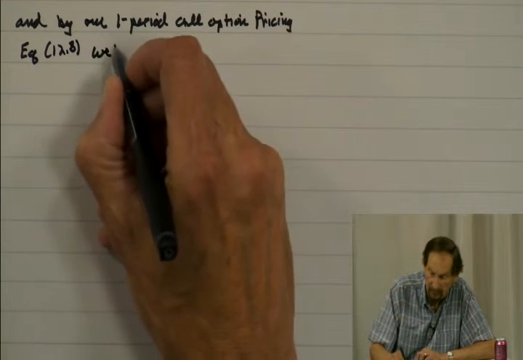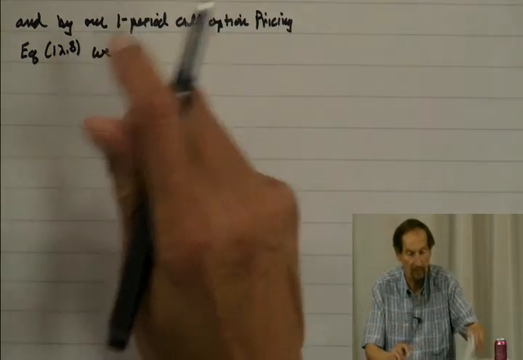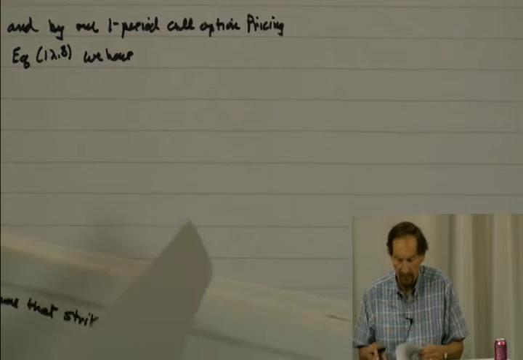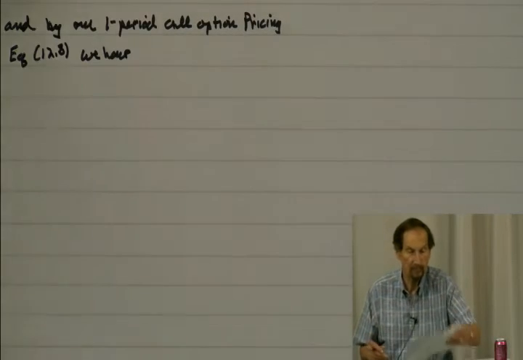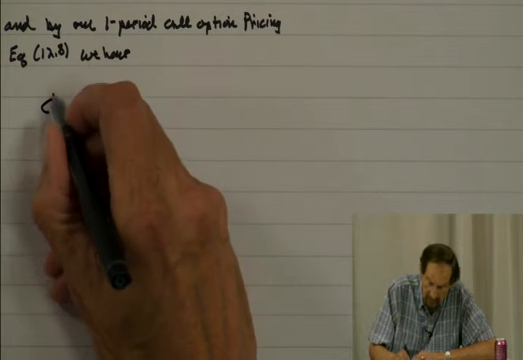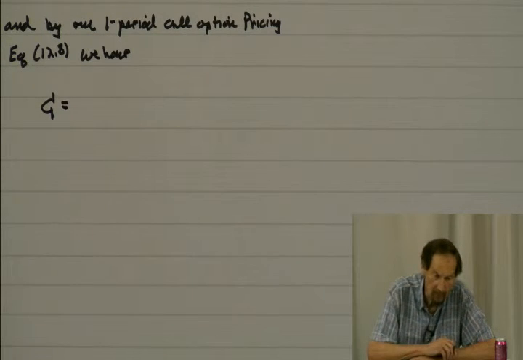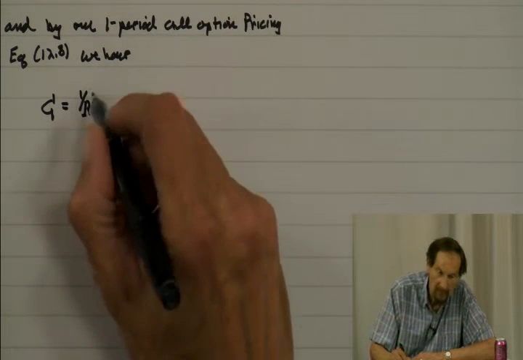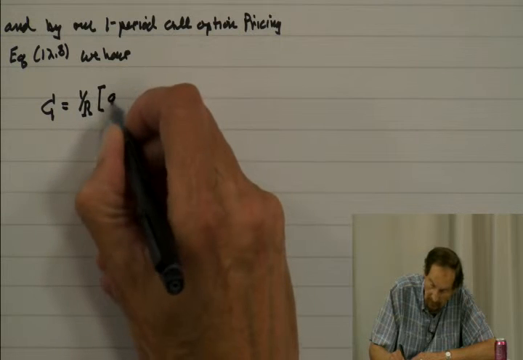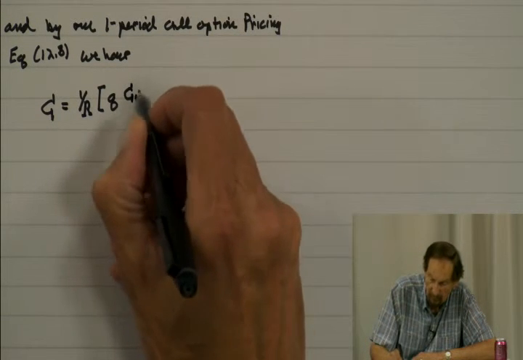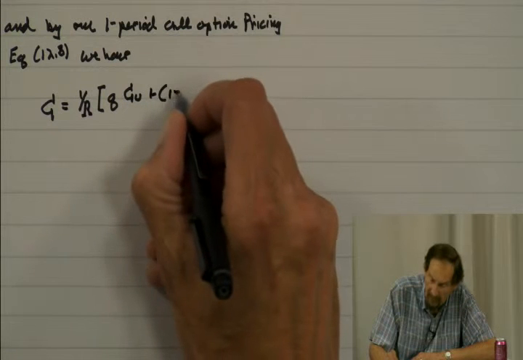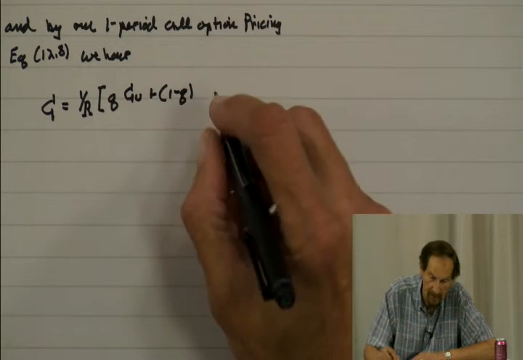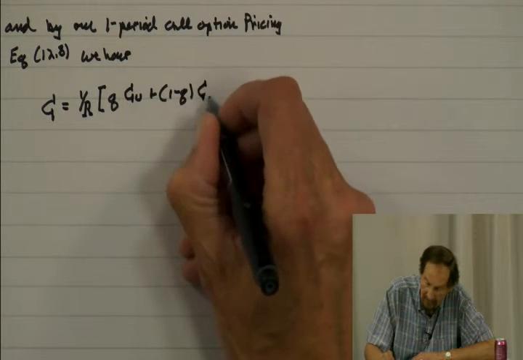We get the value of that call option equals 1 over R, this is our formula, remember, times Q times CU plus 1 minus Q times CD. This gives us our discounting. The Q's give us our expected value.